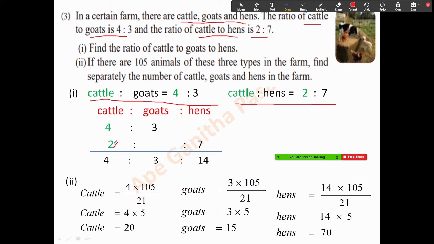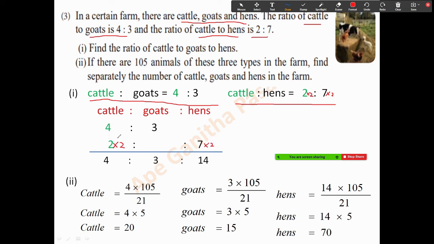How to get 4? 2 multiplied by 2 is 4. Can you keep it this way? There are two components in this ratio. When finding equivalent ratios, if you multiply this side by 2, you have to multiply the other side also by 2. Therefore, multiply this also by 2.